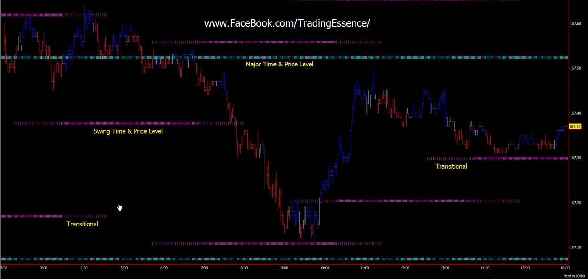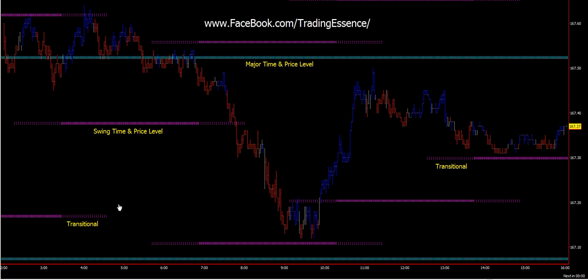I'll get into those at a later time, because just using the transitional levels alone, you can develop some really nice trading techniques. Briefly, all the transitional level is doing is you're getting to a point where time is exhausting itself and price needs to make a move because it has no choice.